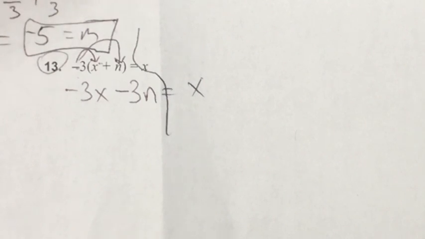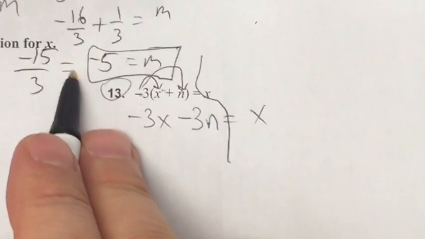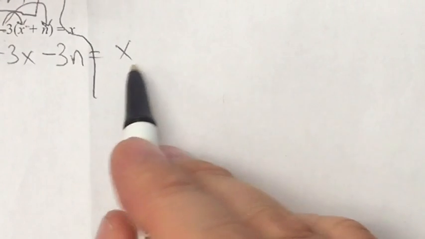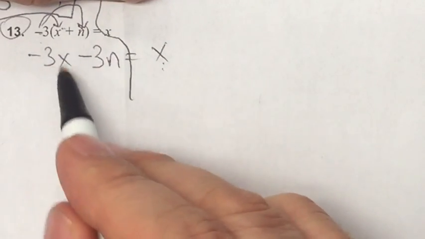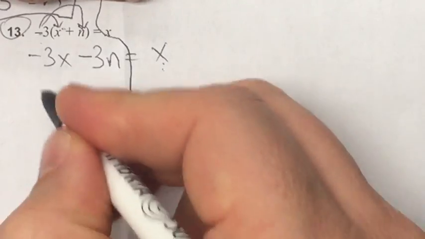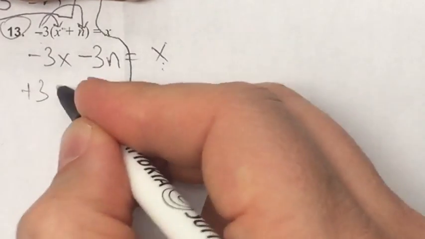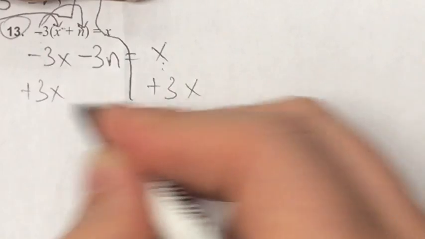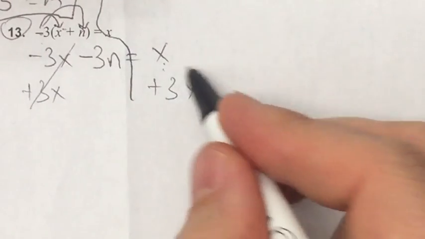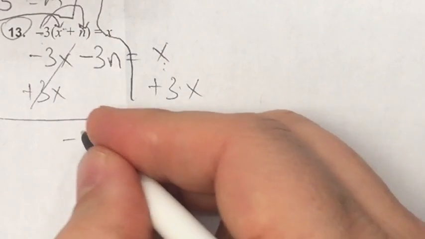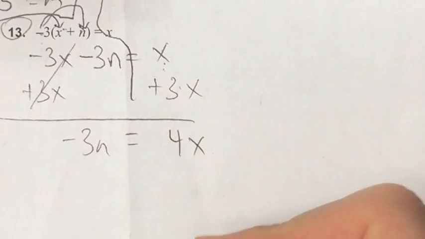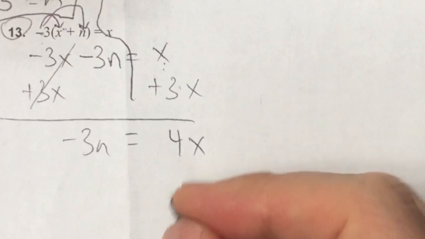Okay, since I want to get x by itself, it says solve for x. I already have an x by himself over here. What I think I might do is go ahead and move these x's over here as well. Opposite math tells me to do plus 3x on both sides. That cancels. And x plus 3x gives me 4x, combining those like terms. So on the left I have negative 3n, on the right I have 4x.